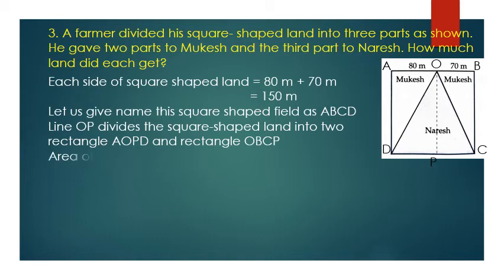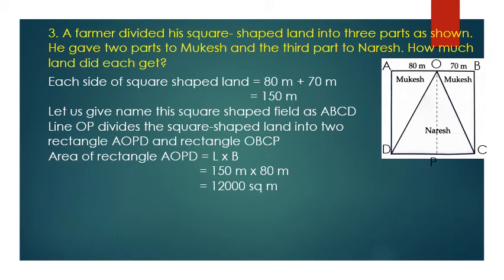Now children, the area of rectangle AOPD is equal to L multiplied by B, that is length multiplied by breadth. And what is the length of this rectangle? It is 150 meter. And what is the breadth of this rectangle? It is 80 meter, right? So 150 meter multiplied by 80 meter is equal to 12,000 square meter.